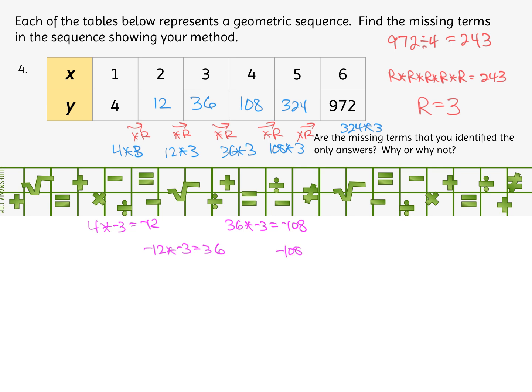Negative 108 times negative 3 is positive 324. Positive 324 times negative 3 is negative 972. All right, so does the negative 3 work? No, so our common ratio is only the 3.